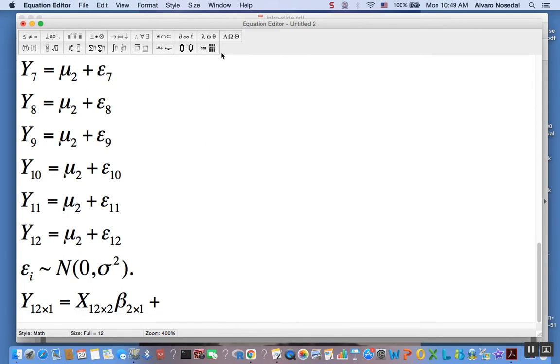Can you see that? Okay, and then of course we would have that epsilon vector of random fluctuations. Make sense?